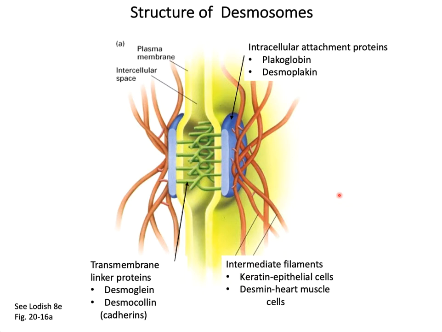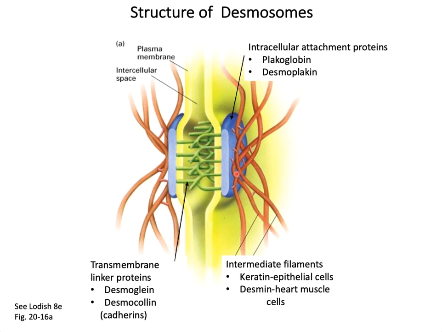The transmembrane linker proteins in desmosomes are called desmoglein and desmocollin, and these are actually members of the cadherin family. So remember, cadherin was a transmembrane linker protein in the adhesion belt. So cadherin is also a transmembrane linker protein in desmosomes because desmoglein and desmocollin are members of the cadherin family.